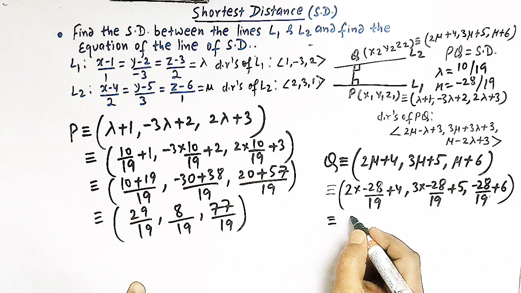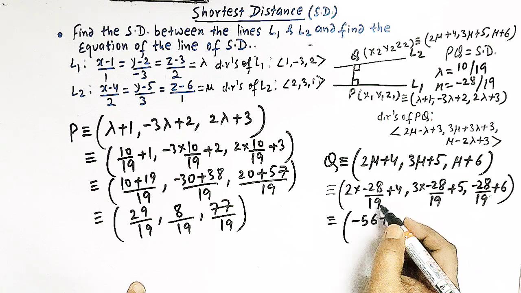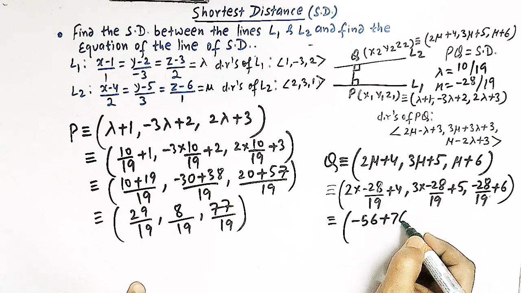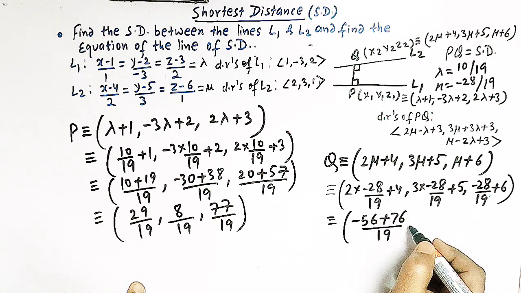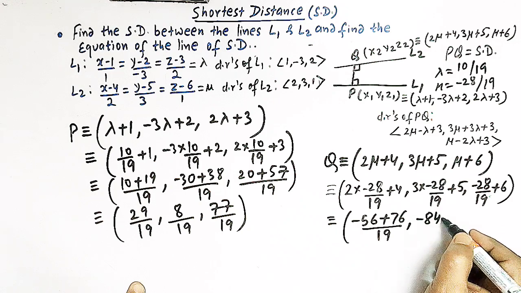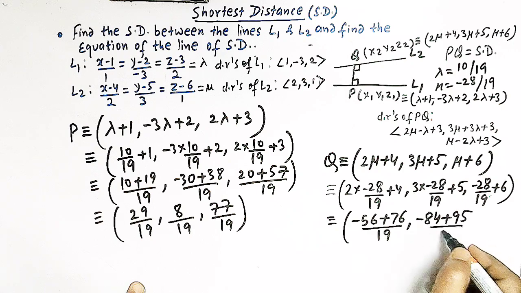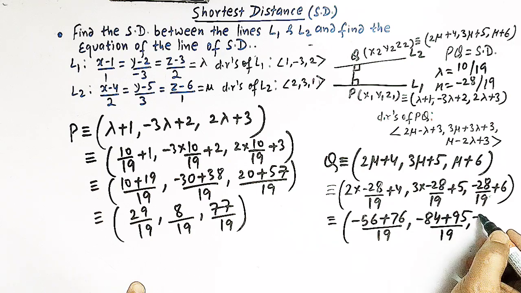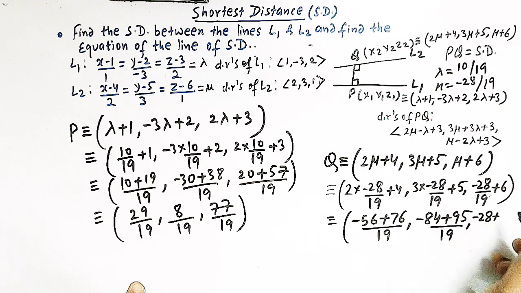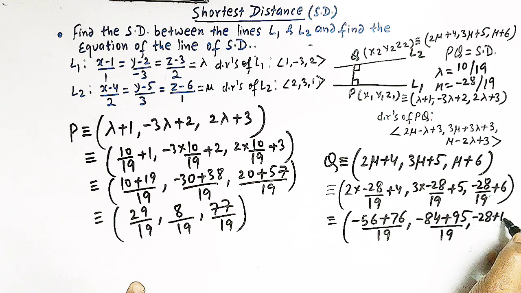So we can now write here this is minus 56 plus 19 times 4 is 76, and here we have minus 84, and then we have 19 times 5 is 95 over 19, and this is minus 28 plus 19 times 6 is 114, and here we have 19.